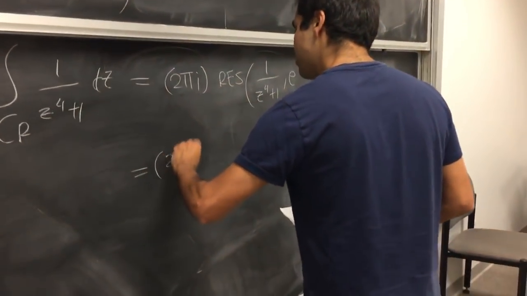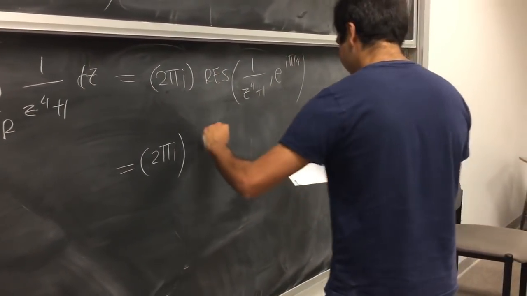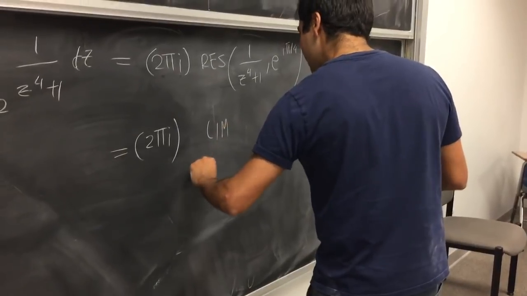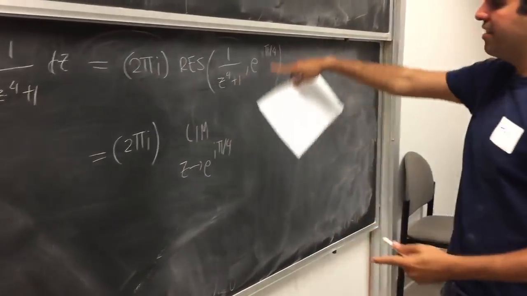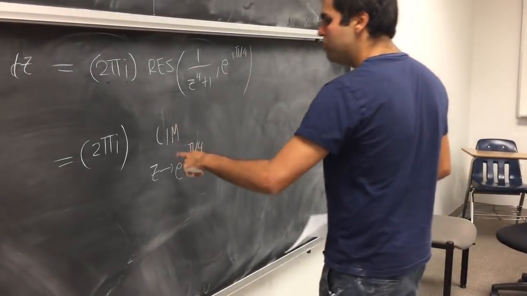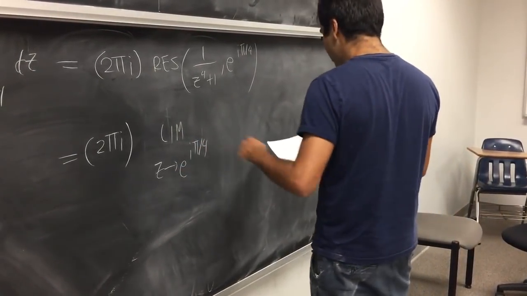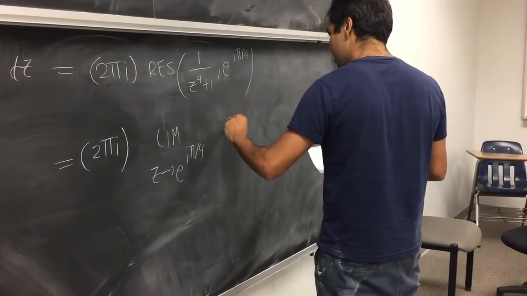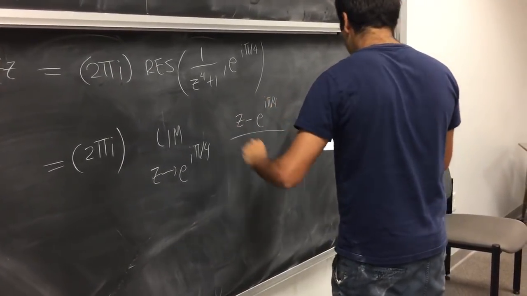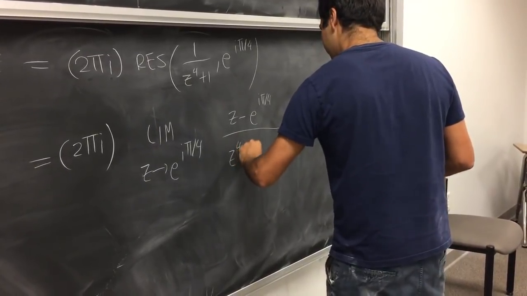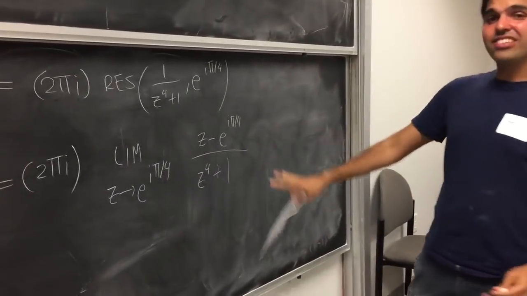But it turns out there's a very nice formula for that residue. By some complex analysis, you can calculate it to be the limit as z goes to the singularity of z minus your singularity over your function. But here's the cool thing.